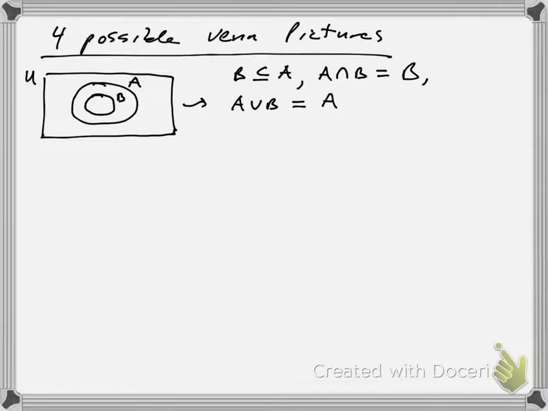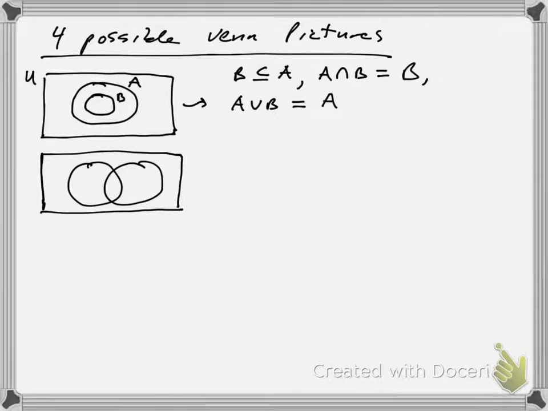So that's picture one. Picture two is the one we've been working in, where they have some overlap, but not entirely. That's the group we've already been working in. There's really nothing special about this group. A intersect B is right here in red.